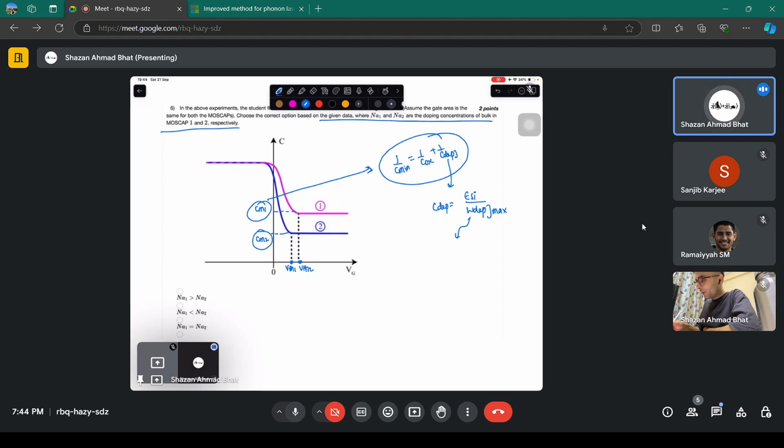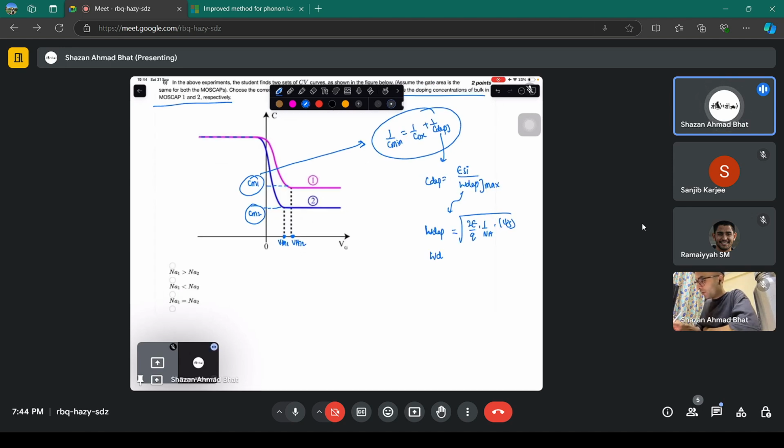Okay, and W depletion depends upon the doping: 2 epsilon by Q, 1 by Na into surface potential. Now that means W depletion is inversely proportional to the square root of doping. So if you increase this particular doping, you lower the depletion width.